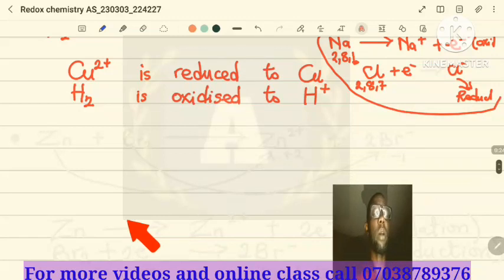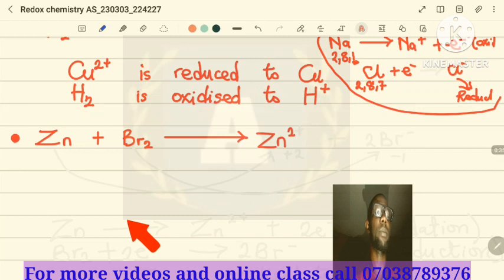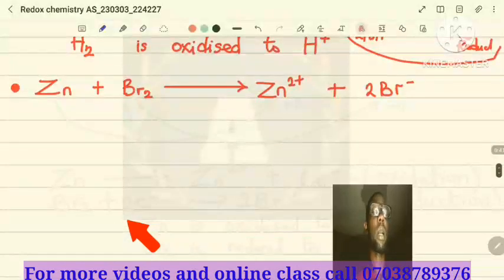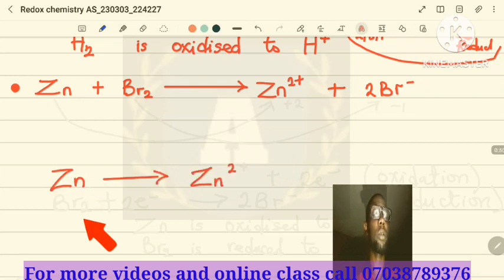So we have another illustration in the reaction of zinc with bromine gas or liquid to give zinc ion and bromide ion. Now here, it is observed that zinc is giving out 2 electrons.